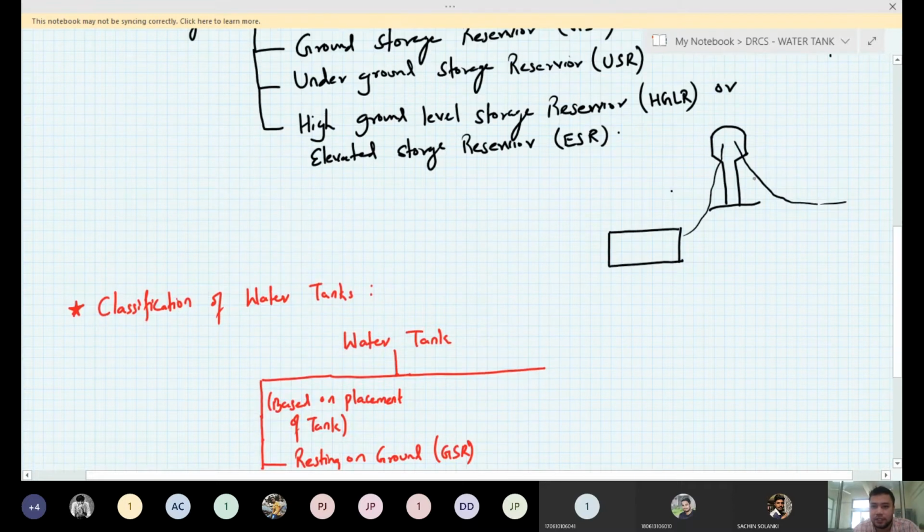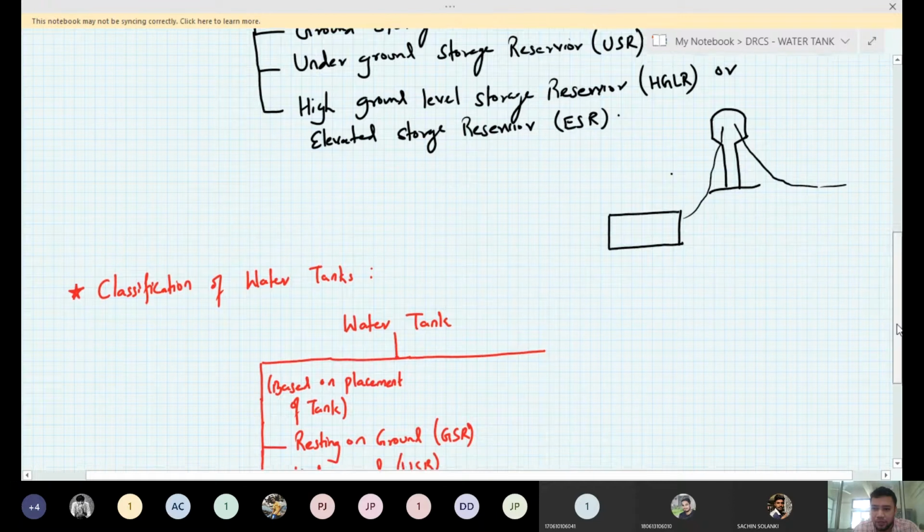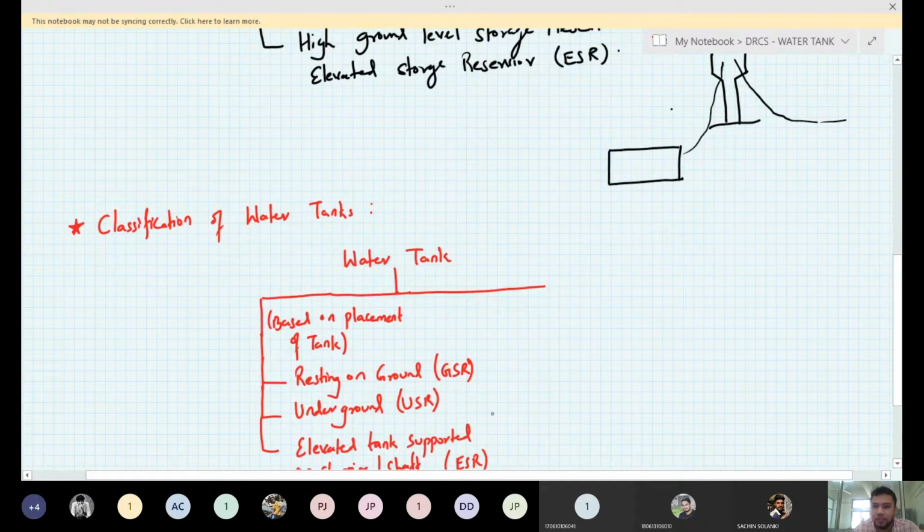See, the staging is the portion used to support the container. Now this staging can be a frame structure, or it can be a circular shaft type, meaning a circular RCC wall all throughout. If it is a circular wall throughout the height, it is called shaft type staging.